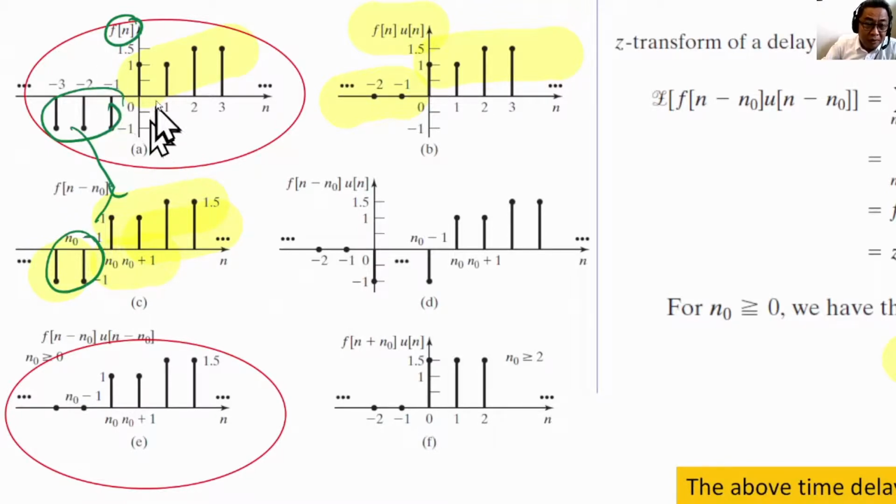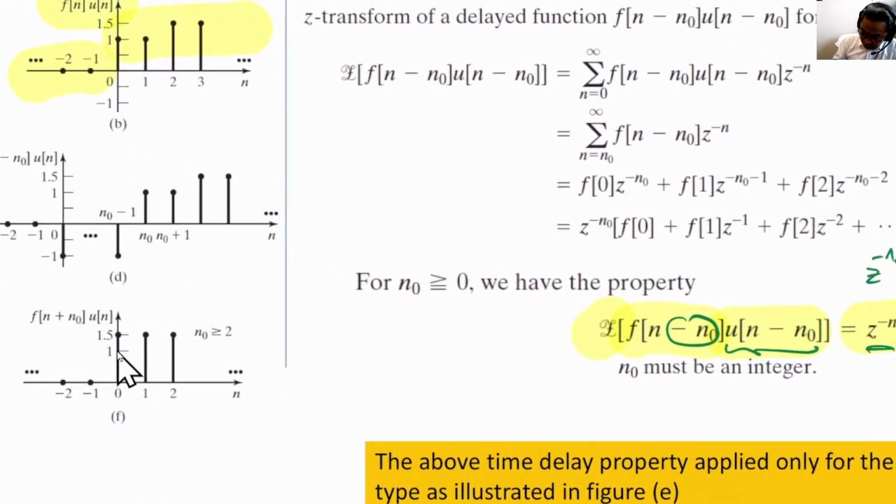And therefore, the Z-transform of this, which only takes the causal part, is of course different to this. To make them the same, we must wipe out the original anti-causal part through this point. So only for the Z-transform of f[n - n0] times u[n - n0] is this property true.